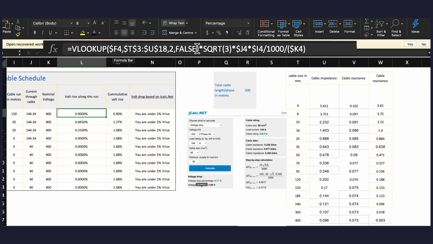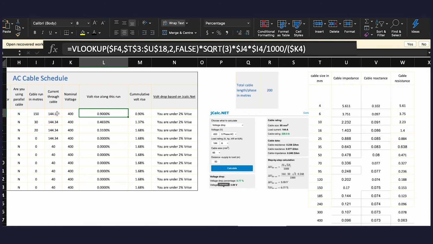I put false in there so it gives you a correct figure. And then it multiplies that by the square root of 3, which is a three-phase volt drop calculation, multiplies that by J4, which is the current, and then multiplies that by I4, which is the run.